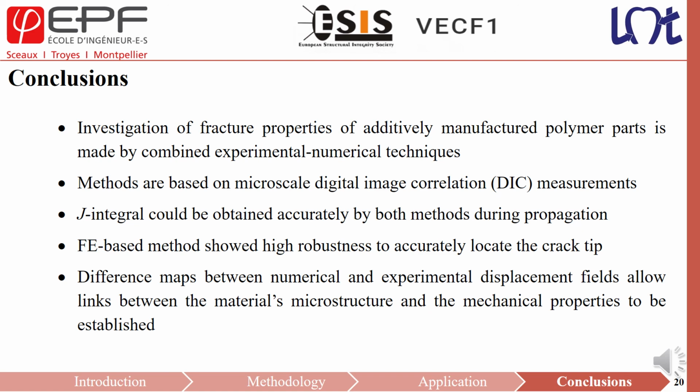The FE-based method showed higher robustness in accurately locating the crack tip. Finally, the difference map between numerical and experimental displacement fields allows links between the material's microstructure and the mechanical properties to be established.